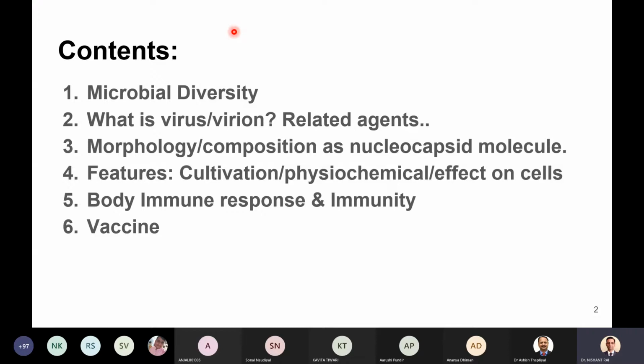Our team is also working on different plants, including green tea, and we have published and filed a patent where we identified the active constituents present in green tea as an antimicrobial agent.